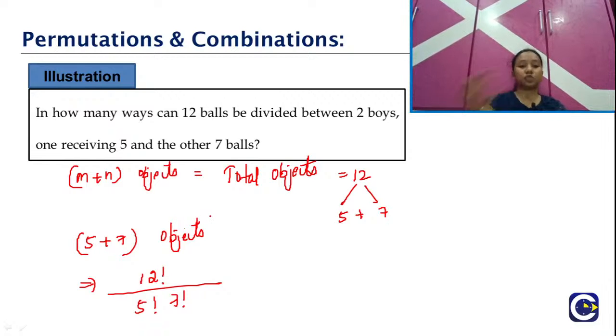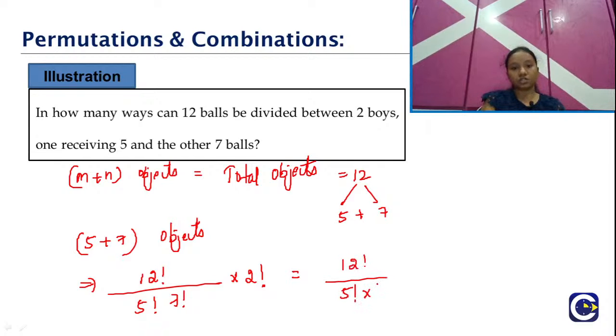When we are distributing between two persons or two boys, it will always be into 2 factorial. So the number of ways here is given by 12 factorial by 5 factorial into 7 factorial into 2 factorial.